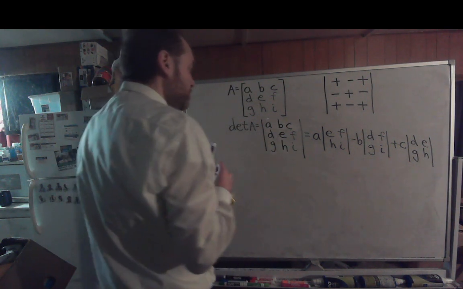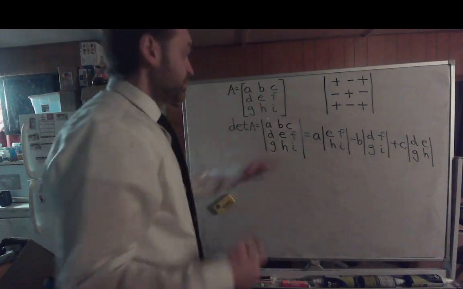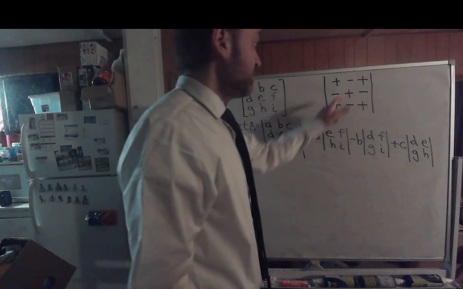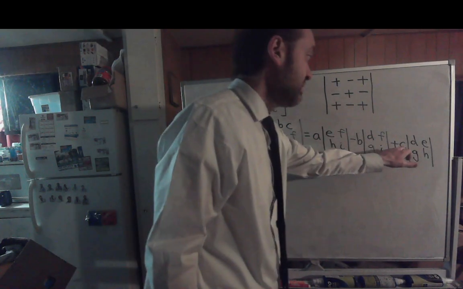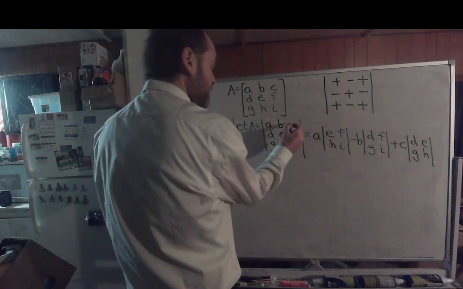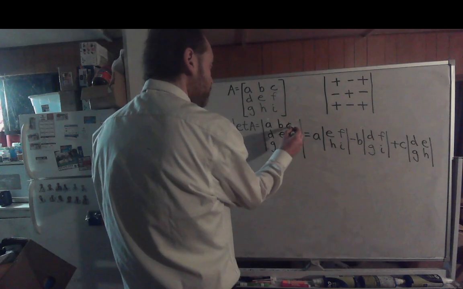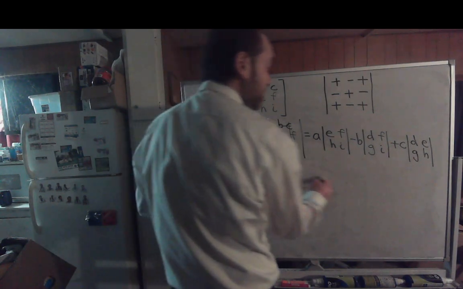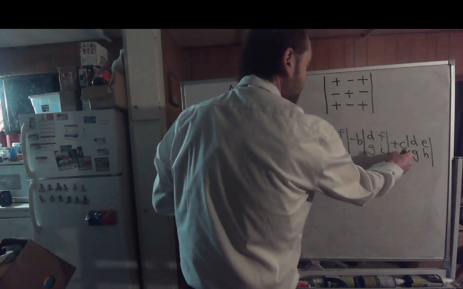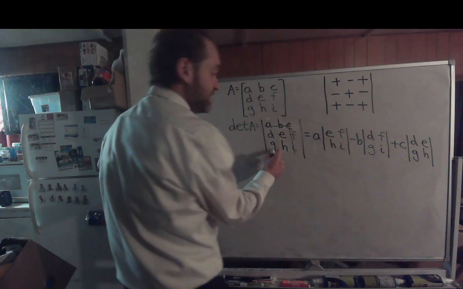Alright, so then for the final part, according to the coefficient matrix, it's going to be plus your C entry. So plus your C entry, you're going to strike out the column and the row that C is in, and it'll be the determinant of whatever's left over. So plus C times your determinant of D, E, G, and H.